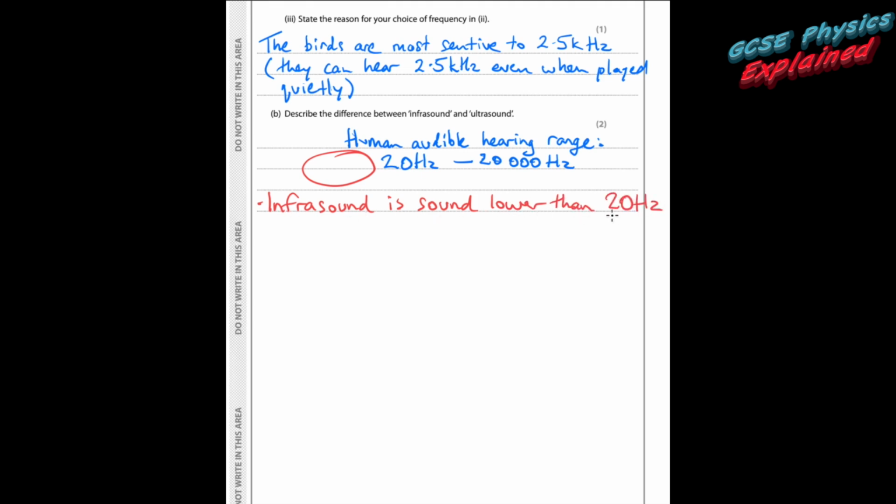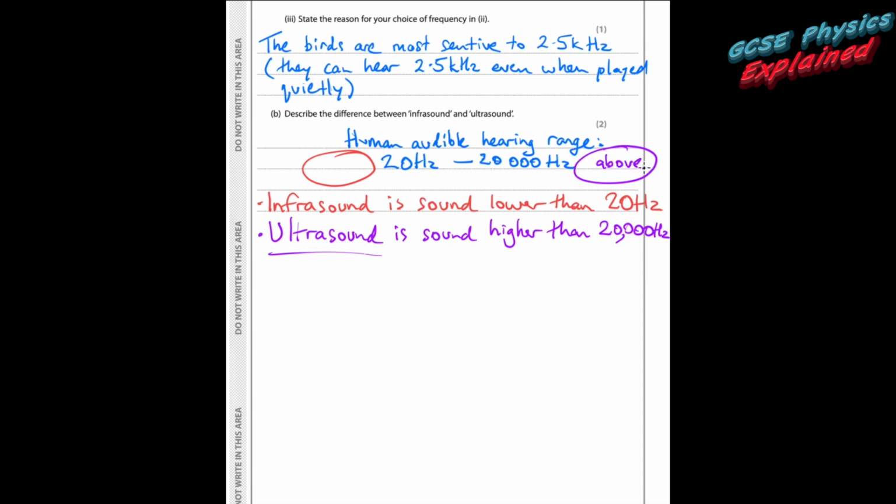Infrasound is sound lower than 20 Hertz, and ultrasound is any sound higher than what we can hear. So any sound higher than 20,000 Hertz, so 20 kilohertz. So ultrasound is above the threshold of human hearing, and infrasound is below the threshold of human hearing.